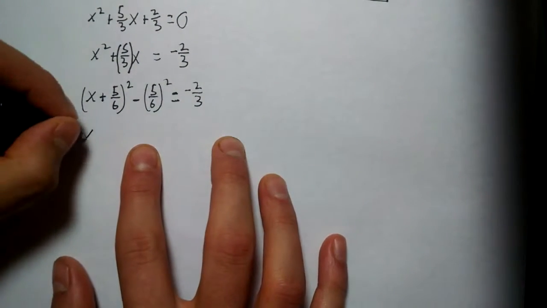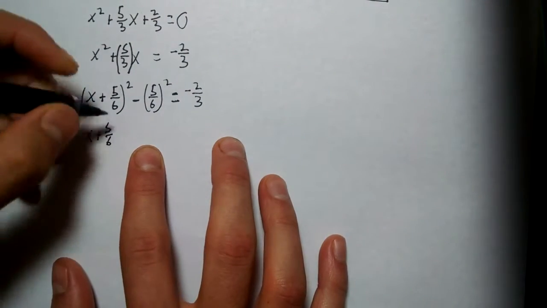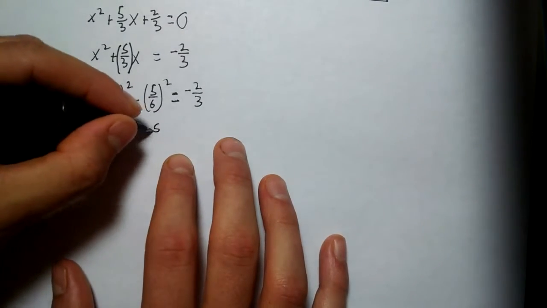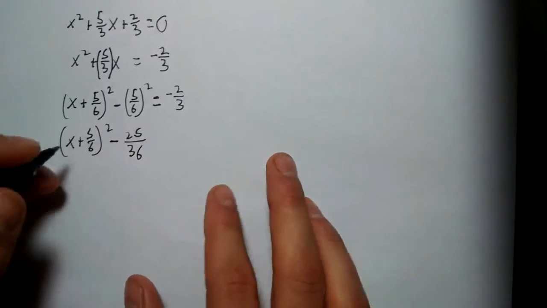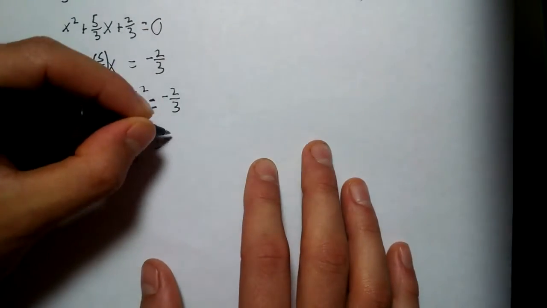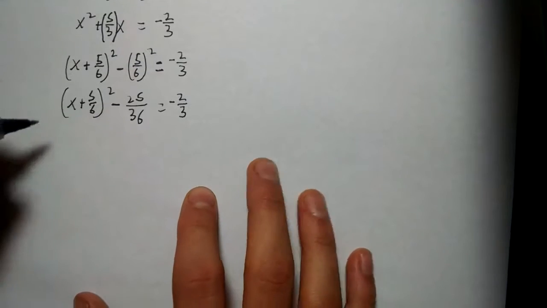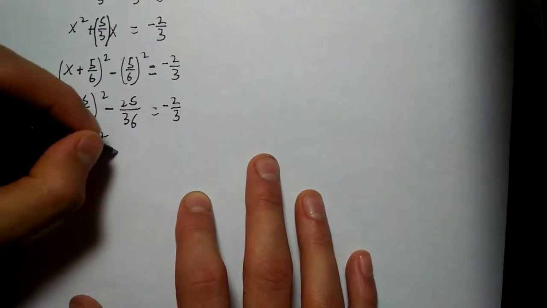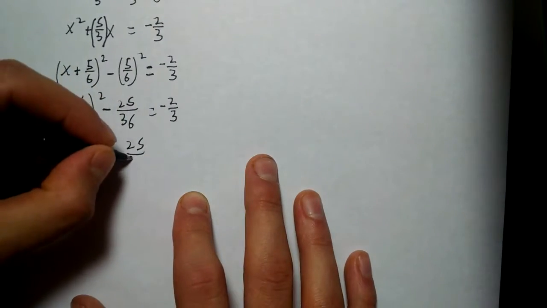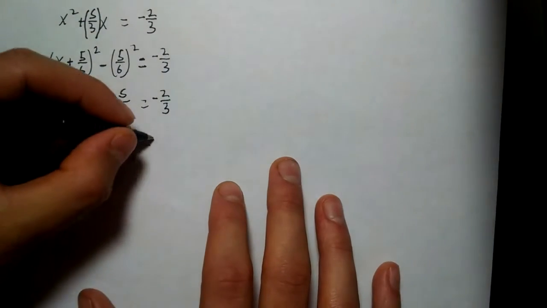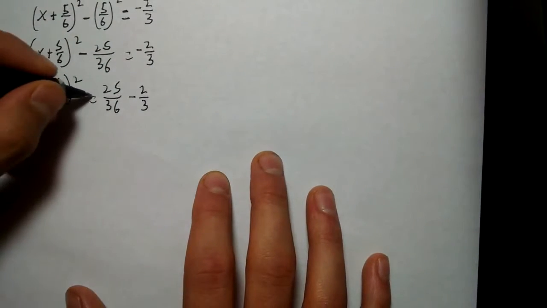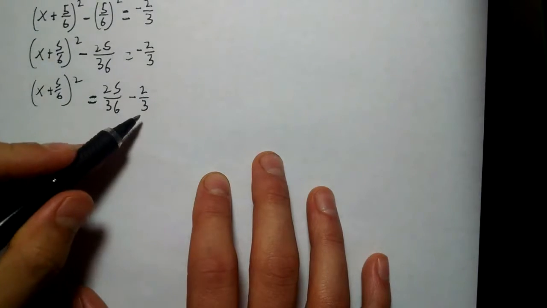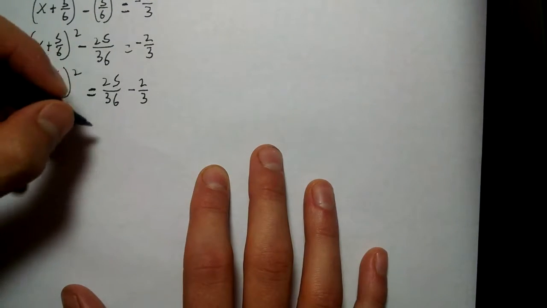Okay, so now we simplify. x plus 5/6 squared minus 25 over 36, right? You can square the top and bottom, is equal to negative 2/3. We'll move that to the other side. x plus 5/6 squared is equal to a positive 25/36 minus 2/3. And it looks like our common denominator here is going to have to be 36, right?